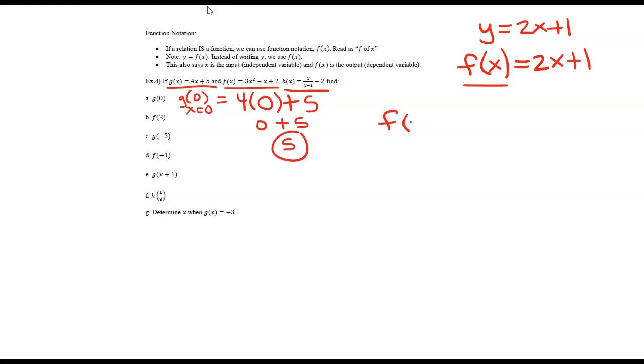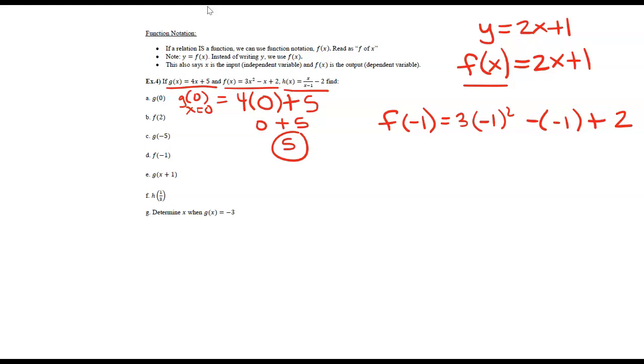Okay, let's look at D. We'll look at f of negative 1. So f of negative 1, we have 3x squared minus x plus 2. Notice I'm doing parentheses everywhere that I need to substitute the value in. So I'll just put negative 1 in place of x, and then we want to do order of operations.